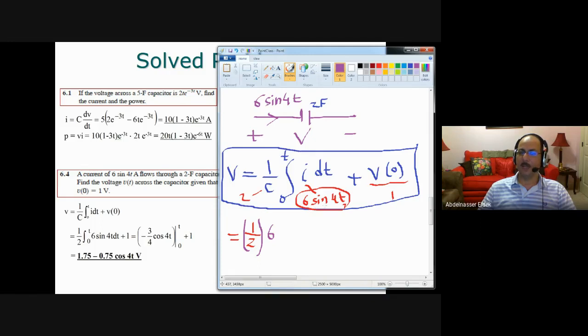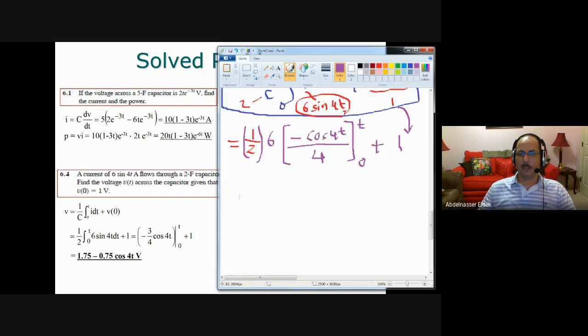The integration of sine 4t is negative cosine 4t divided by 4. The integration of sine is negative cosine, and since you have 4t here, you have to divide by 4. This is from 0 to t. And then you add 1.